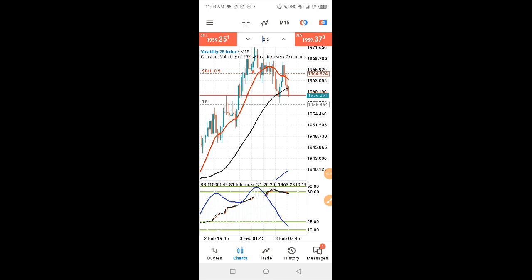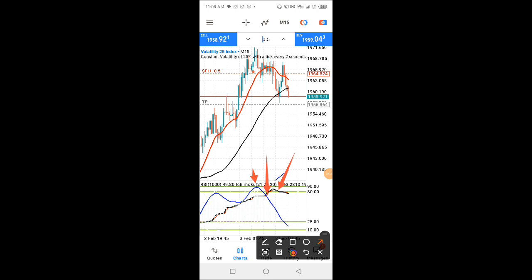So the strategy is very simple, and you can see if eventually you miss that of the 5 minute time frame, there's another opportunity here in the 15 minute time frame. Let me show you what I mean by another opportunity. We have price has gotten to the blue line, has gotten to level 90, and it has crossed below level 80 and crossed below this Ichimoku.